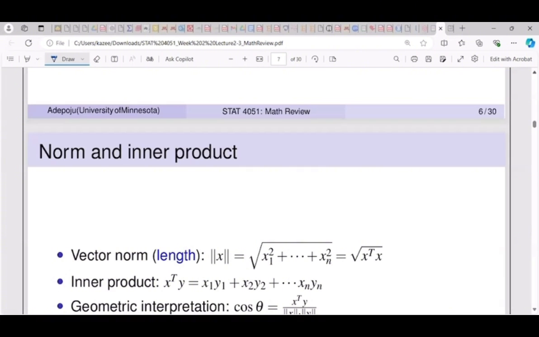You're going to see the role the inner products play in orthogonality. I'm also going to tell you what we mean by orthogonality. I'm still going to go there. But let me start with the vector norm.